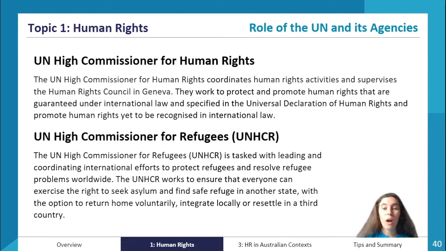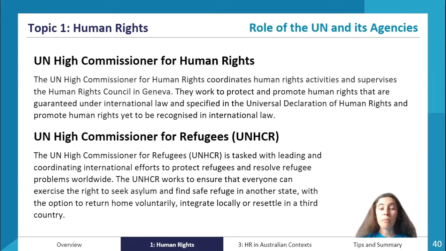We've got 2 different high commissioners to look at as well. So the UN High Commissioner for Human Rights coordinates human rights activities and supervises the Human Rights Council in Geneva. So they work to protect and promote human rights that are guaranteed under international law and specified in the Universal Declaration of Human Rights.